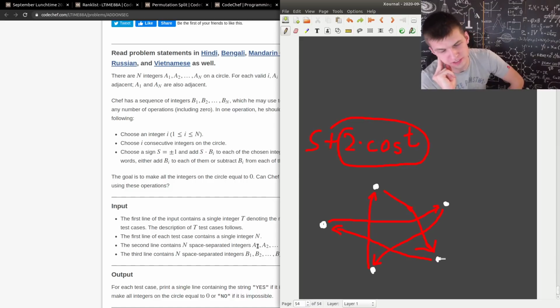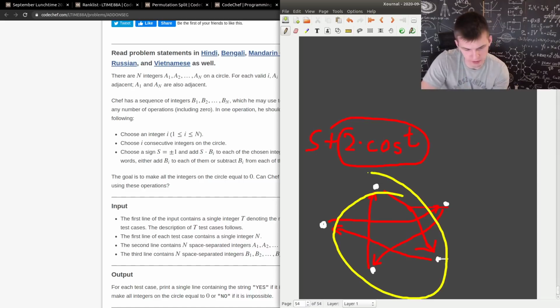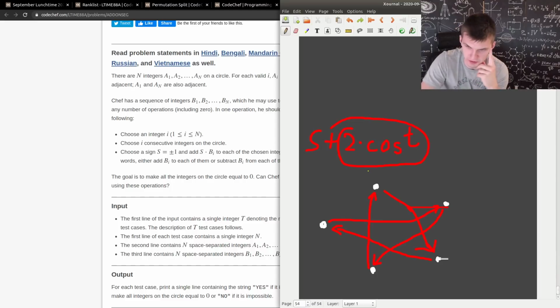I still think this is a flow, but I don't know how to model it as one. How to force that something is happening here, but as little as possible.